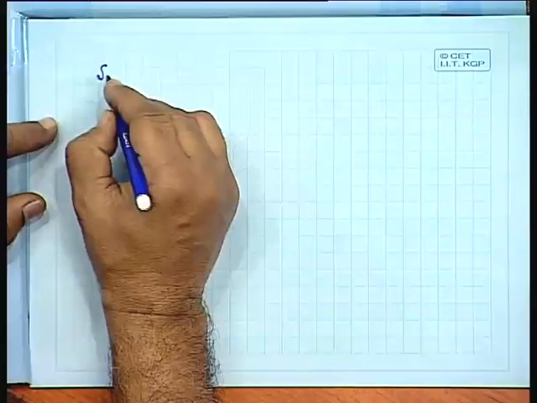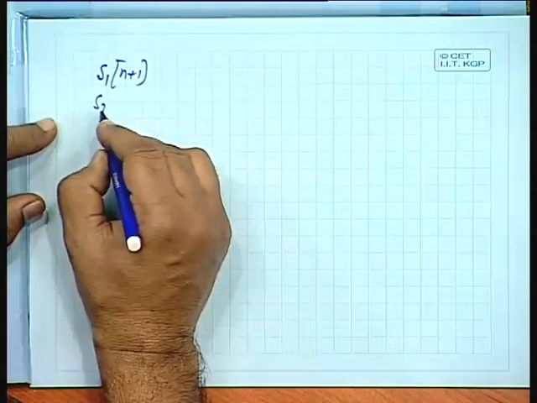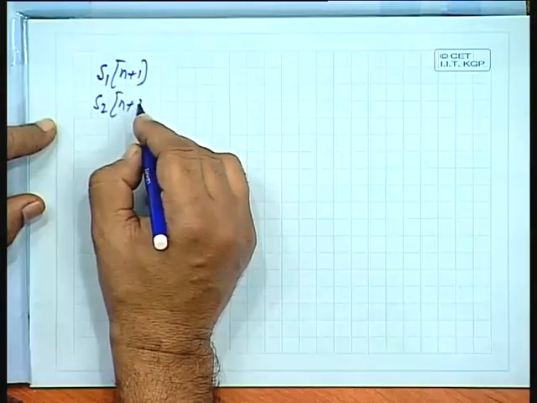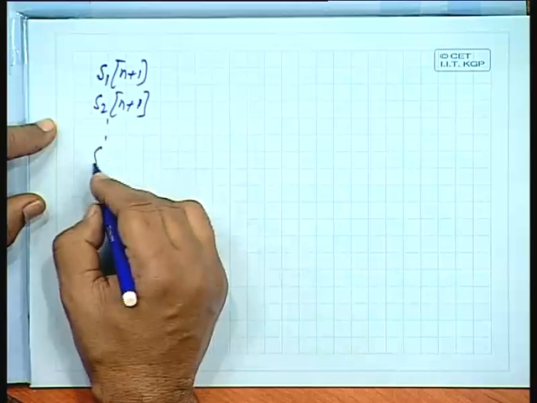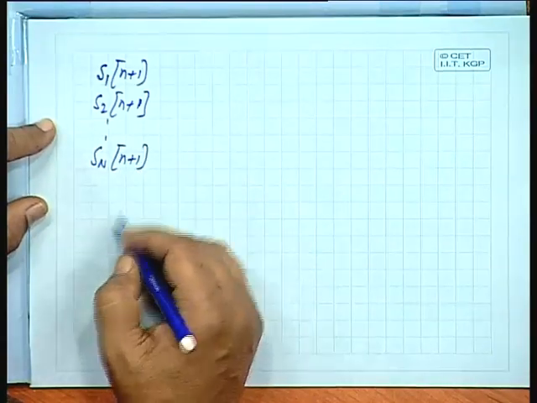Now, therefore, we can get all these S1 n plus 1, S2 n plus 1 and so on, Sn n plus 1.